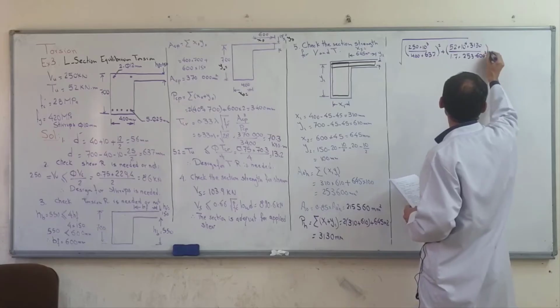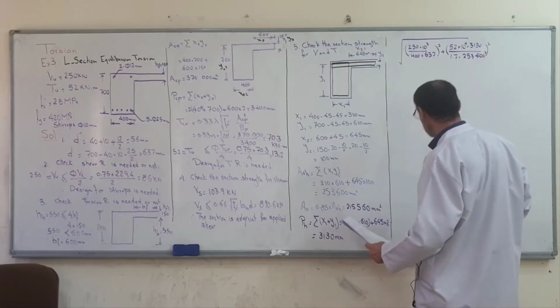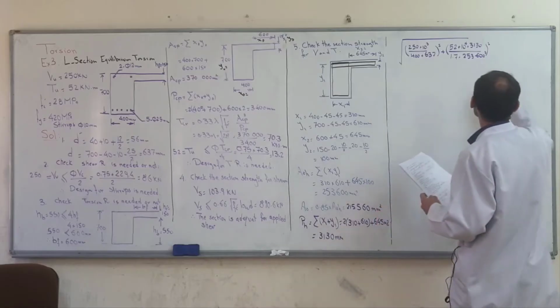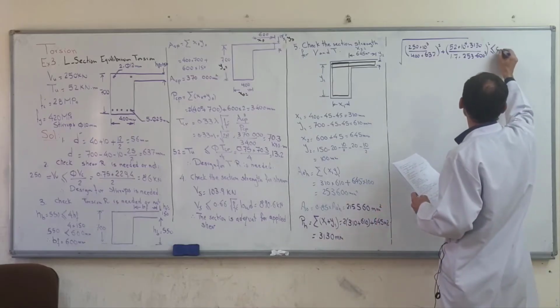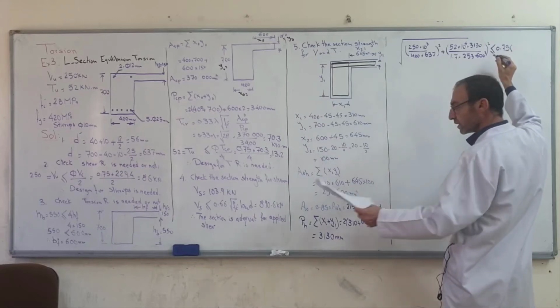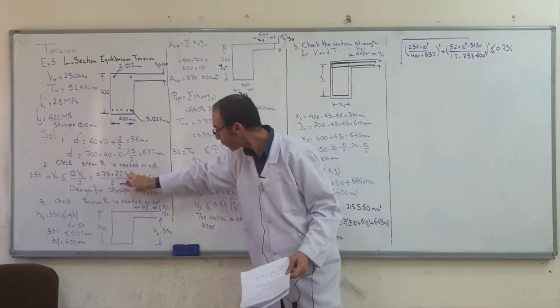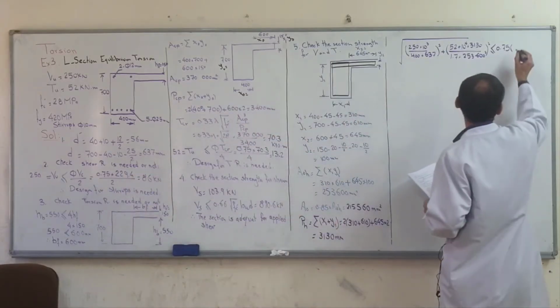This is 253,600 squared. This must be less than 0.75 times Vc. We found Vc, this is Vc, 229.4, similar to the first example.